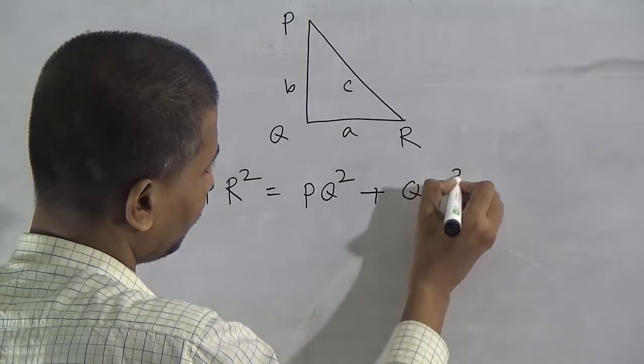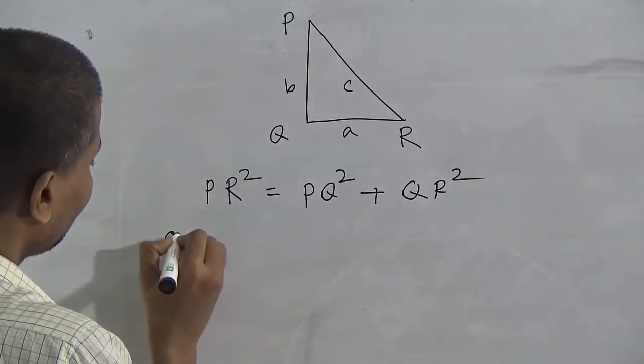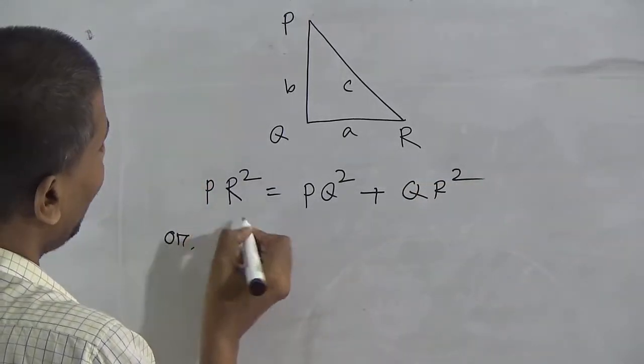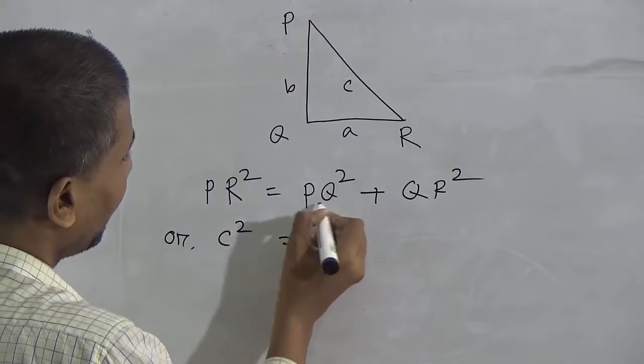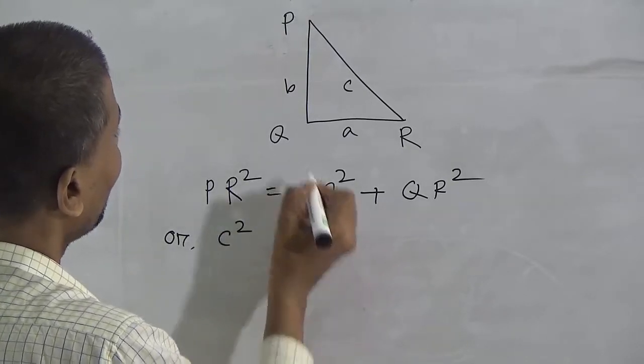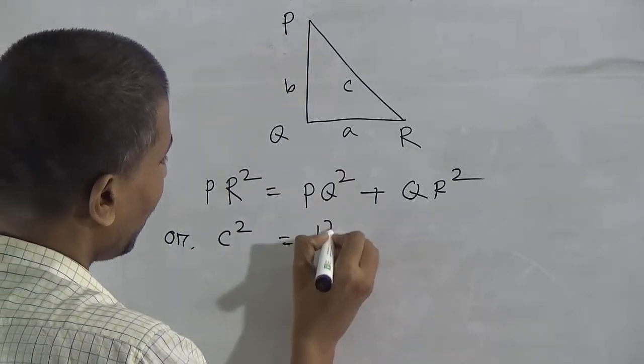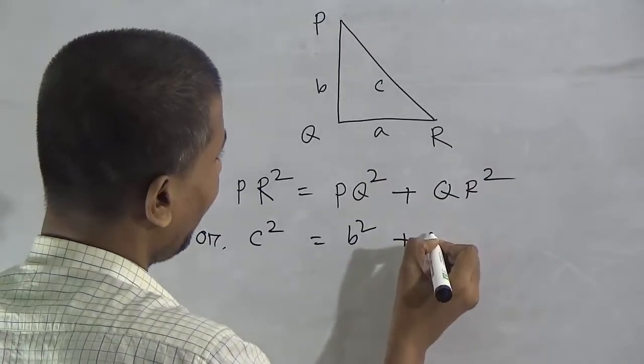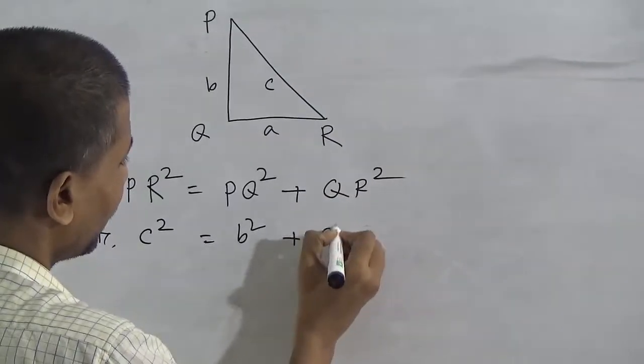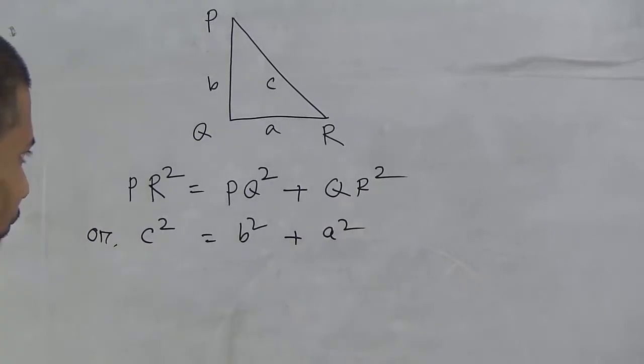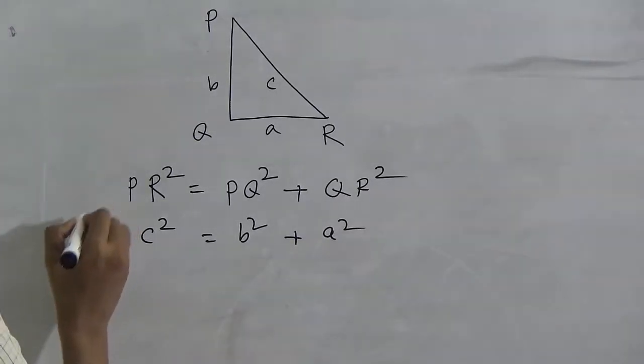Or PR means what? C square equals PQ equal to B square and QR equal to A square. Okay, that means we have to prove this.